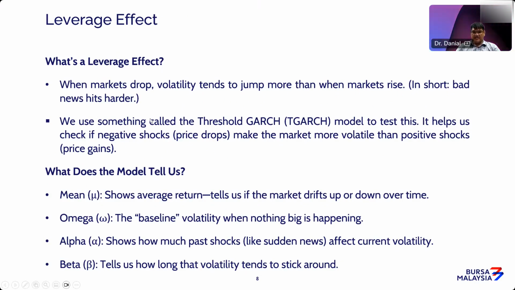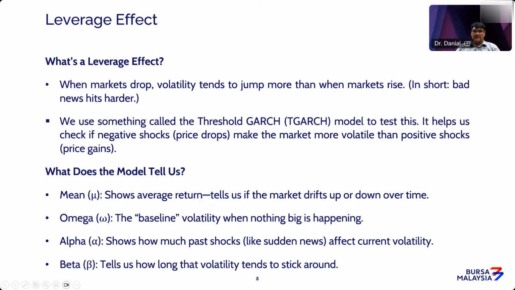In order for us to determine this, we need to use an econometric model. We call it threshold GARCH. GARCH is basically an acronym of generalized autoregressive conditional heteroskedasticity. In short, we just want to model the variance of the return series for the market.